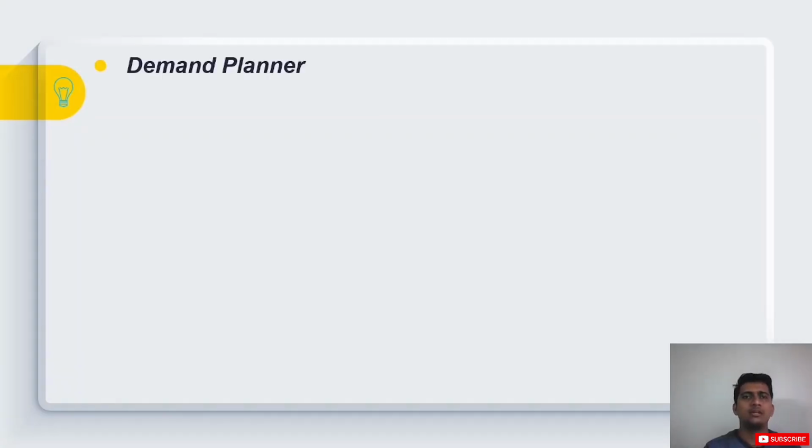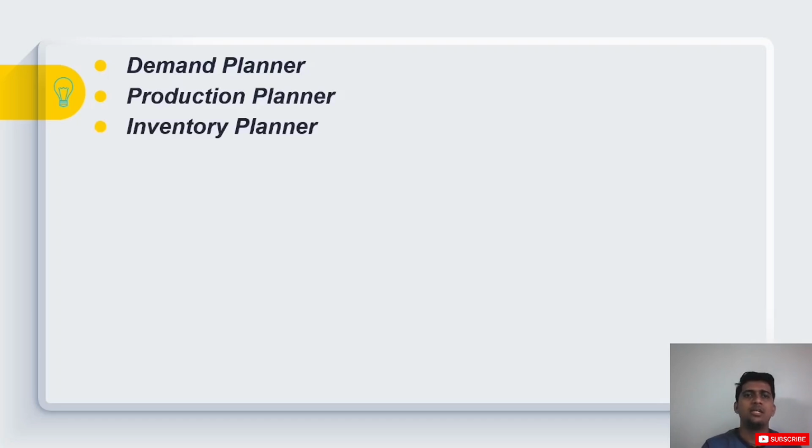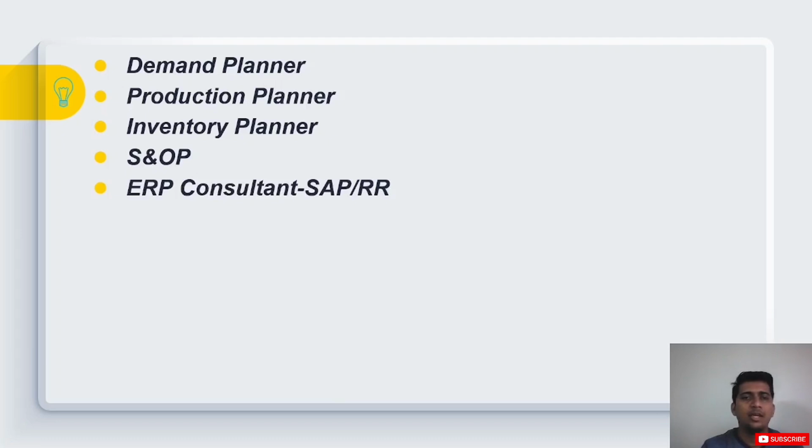CPIM is Certified in Planning and Inventory Management, which was earlier known as Certified in Production and Inventory Management. You'll find a lot of planning roles as I go through the list. To start with, the first is demand planner, then production planner, inventory planner, sales and operations planner, ERP consultant.